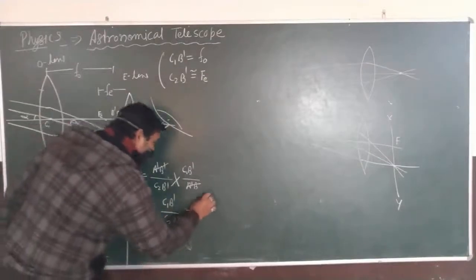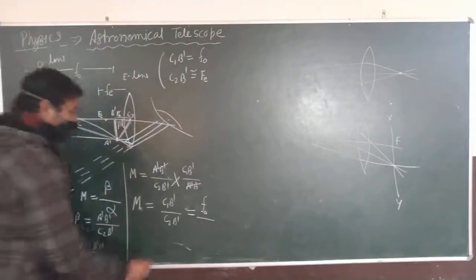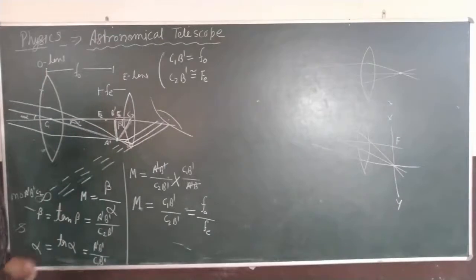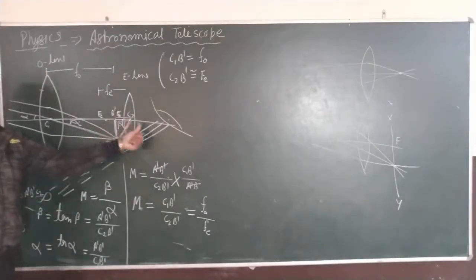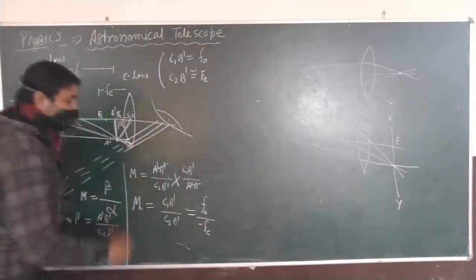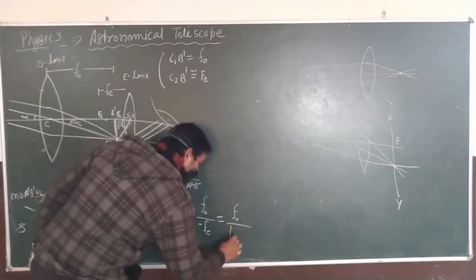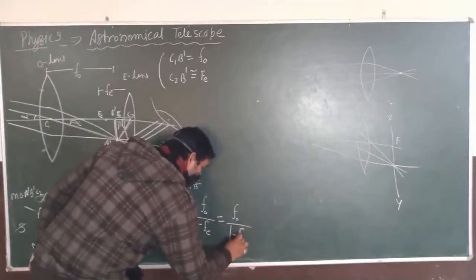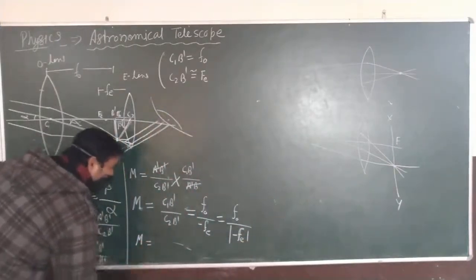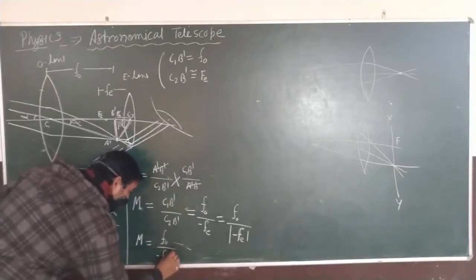this result gives you idea or value FO upon FE. Okay, and because FE is left to the objective, so it is negative, you can also write it FO upon mod of minus FE. This is magnifying power of telescope for normal situation.